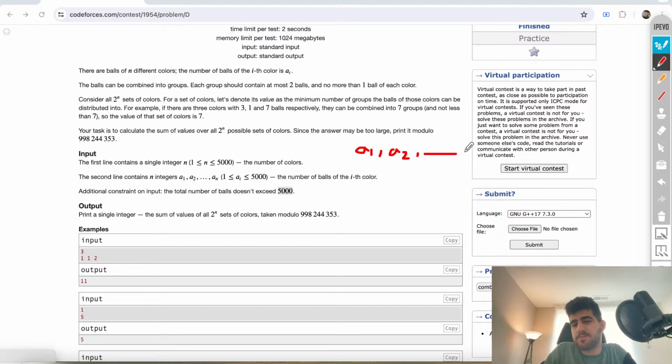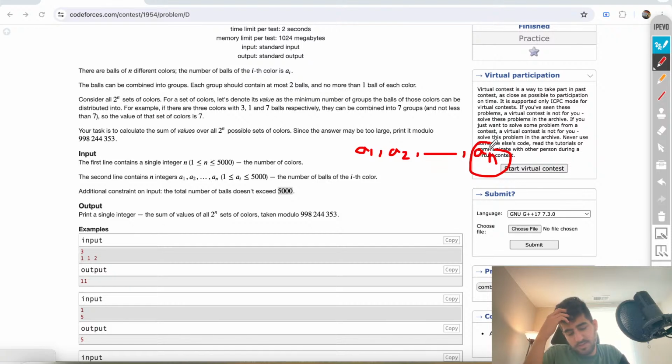Why did I do that? Because when I sort them and add a new color, then this new color is definitely the maximum. It's not possible that the previous ones were the maximum, and we don't really need to worry about storing the maximum.